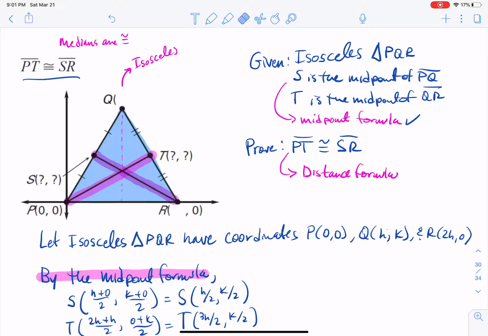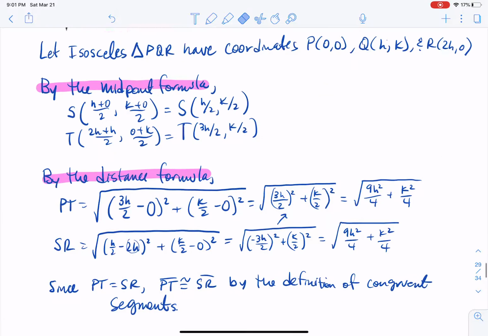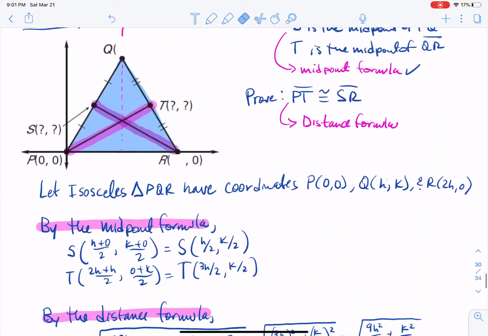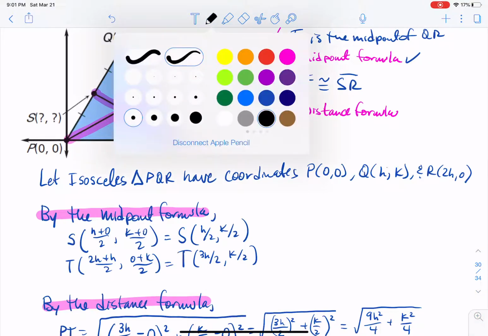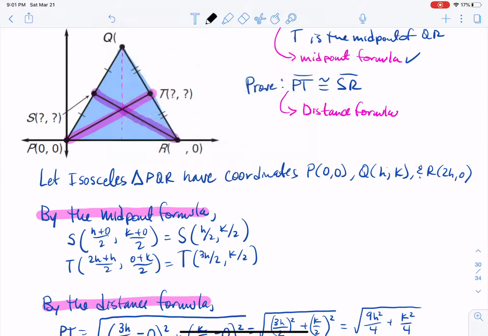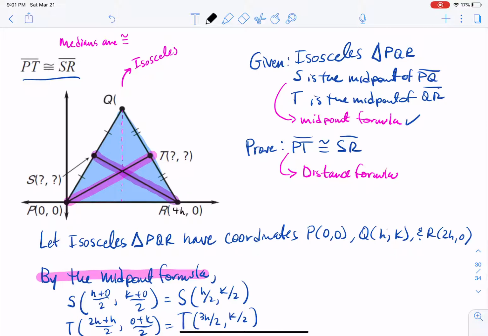So this one was originally 2H. I'm going to make it times 2, so 4H. Okay, 4H, that's better. And then in order for this to be isosceles, I cut that in half, so it's going to be a 2H.